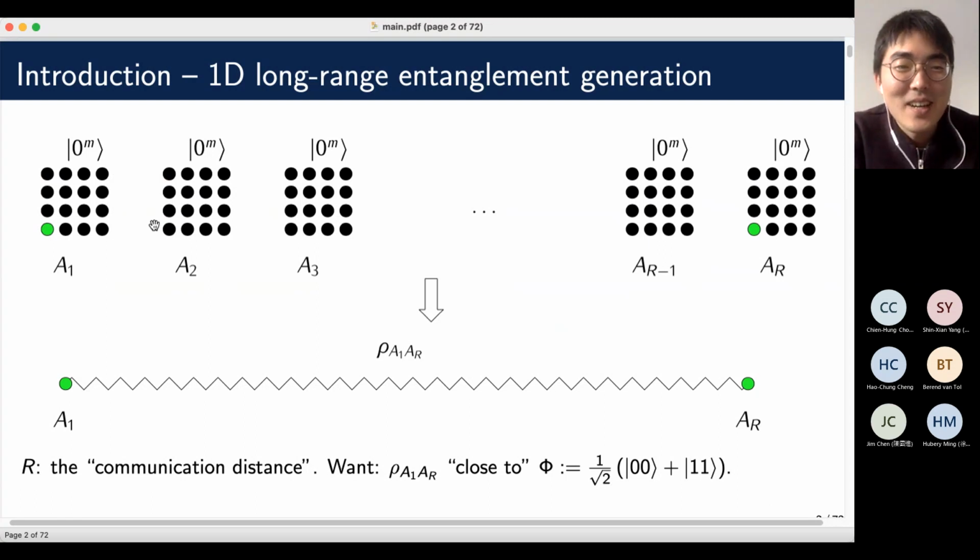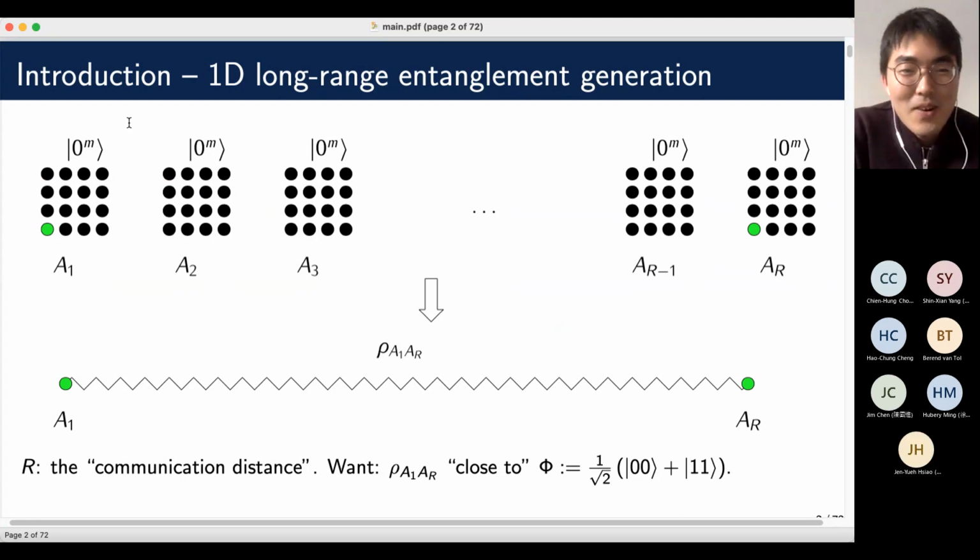So we are considering the situation where our parties are aligned in one line, and I will call every party a repeater. And what we are going to do is constructing one very long Bell pair from A1 to AR.